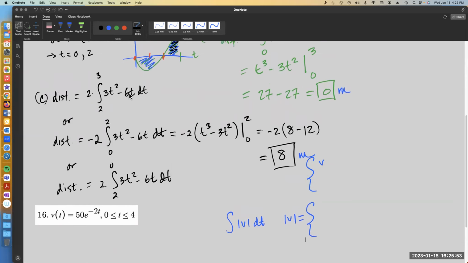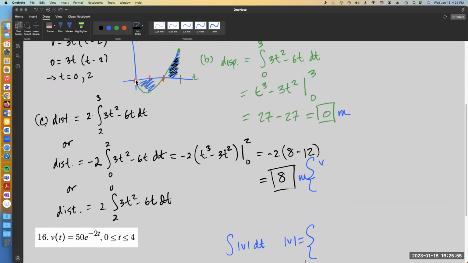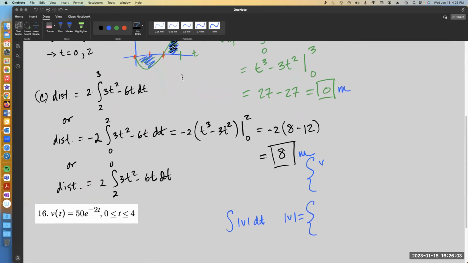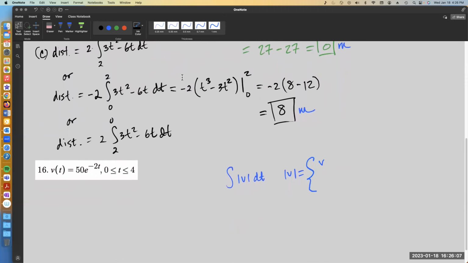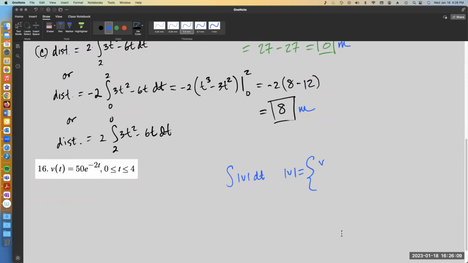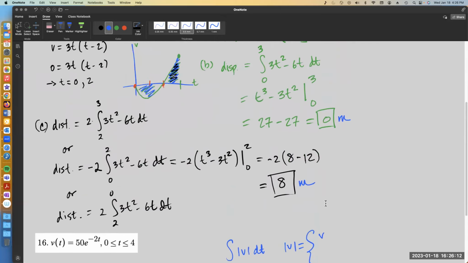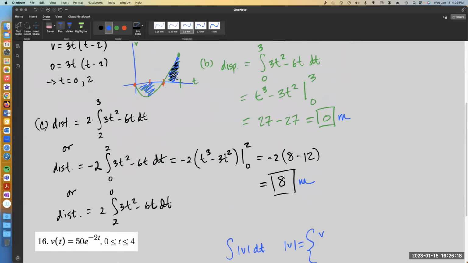If we wanted to do it with the concept of absolute value, we would integrate from 0 to 2 and multiply by -1, and then add the integral from 2 to 3. That's the effect of using the absolute value, because the absolute value is a piecewise defined function. We would take the part where it's negative and multiply by -1, and the part where it's positive and keep it.